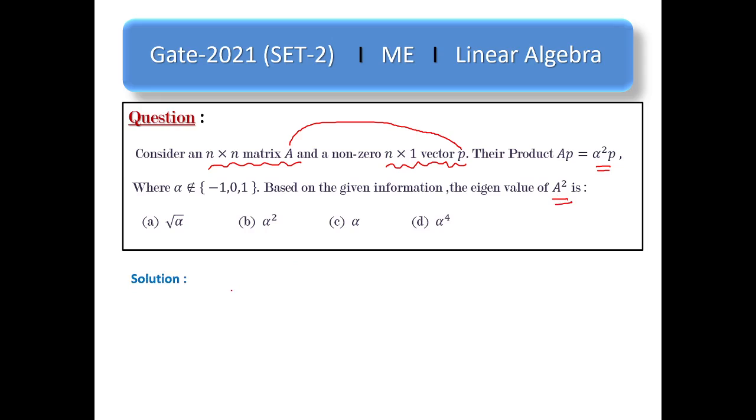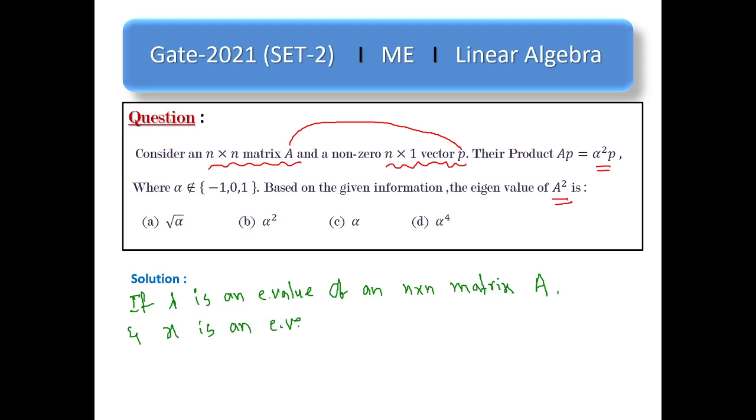First let me establish a relation. If lambda is an eigenvalue of an n by n matrix A, and x is an eigenvector of order n by 1, why?